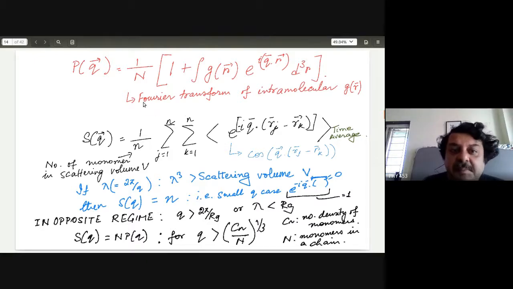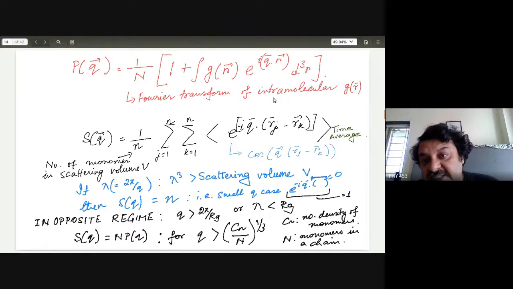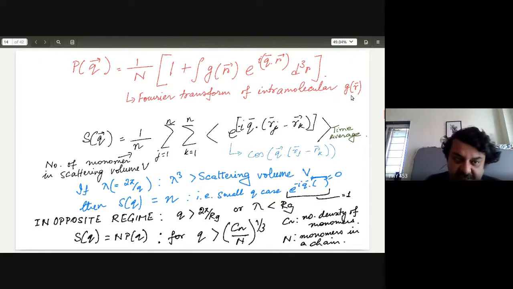So it is the Fourier transform of the intramolecular, within a molecule, g(r).